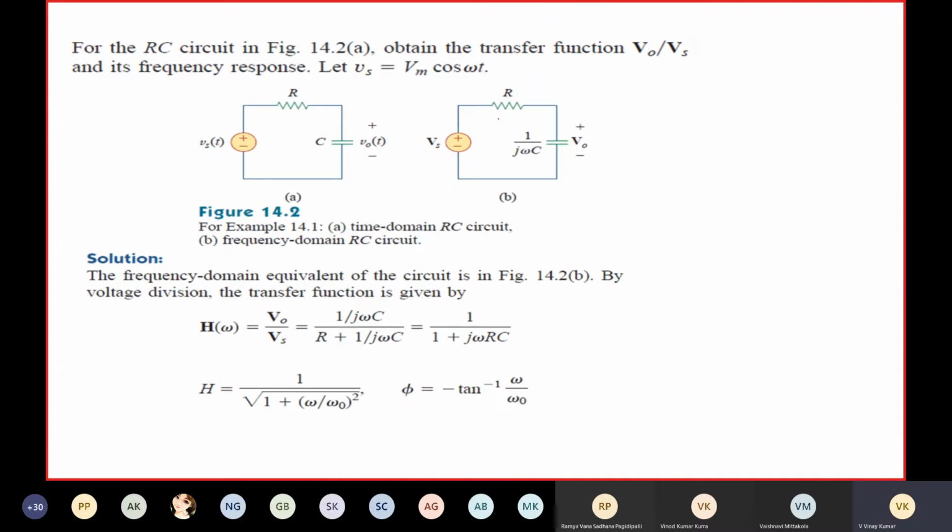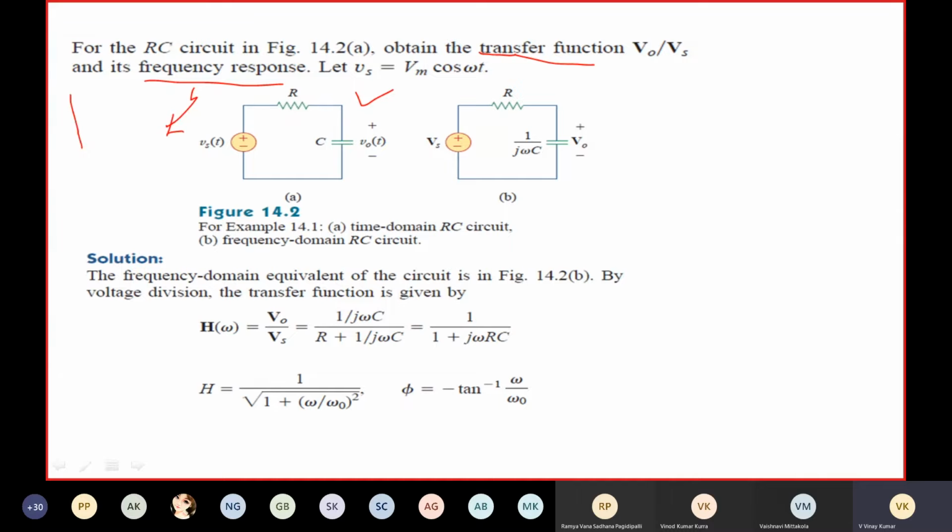Now let us find the transfer function as well as the frequency response for this circuit. This is the given RC circuit. For this RC circuit, we are going to find circuit behavior with respect to frequency, that is nothing but the frequency response.